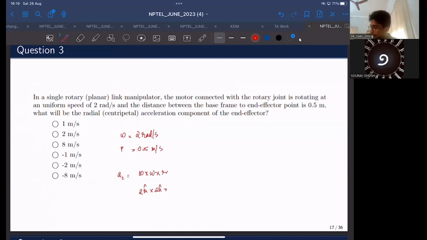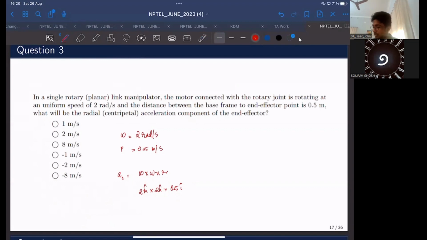This is always going to be specified with respect to the x-axis, right? If you can recall the DH parameters, we use this term A I plus 1, that is the translation along the x-axis to acquire the link lengths into the model. So the link length is basically along the x-axis, and the rotations are about the z-axis. The velocities are always going to be with respect to the z-axis.